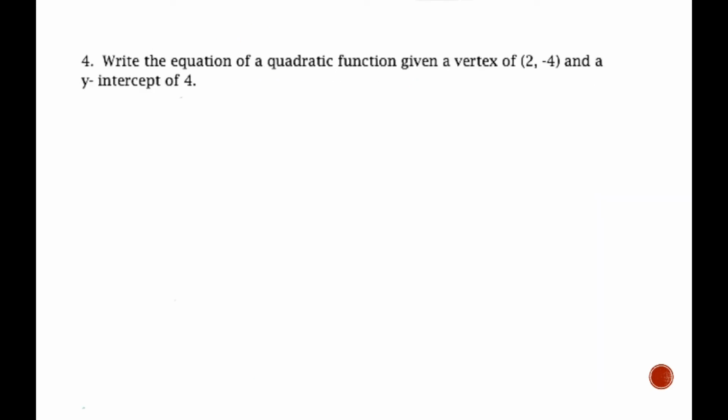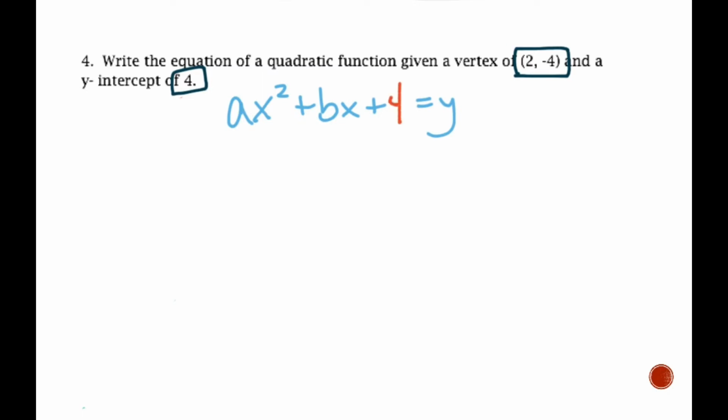Okay, now we're going to find the equation of a quadratic that has a vertex of 2, -4 and a y-intercept of 4. So if we take the equation ax squared plus bx plus c equals y, then I know from what we just said that c is equal to 4, so I can put that in there.